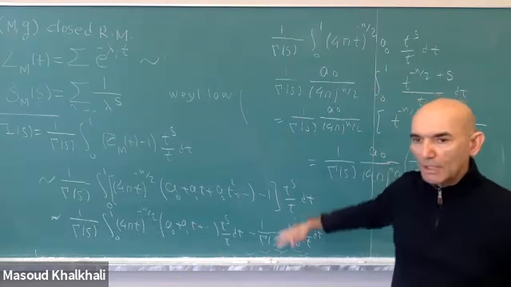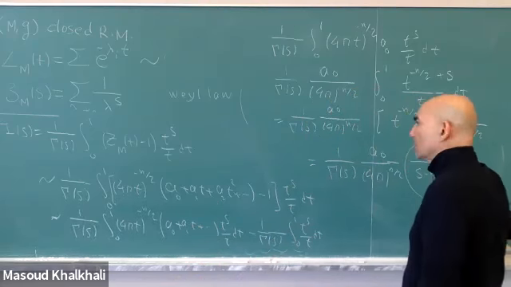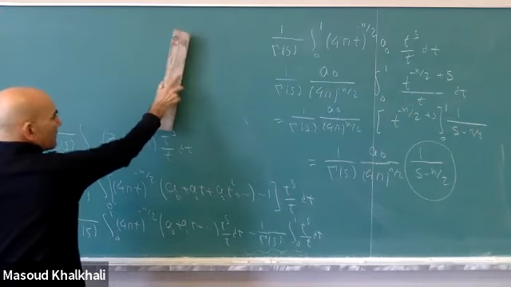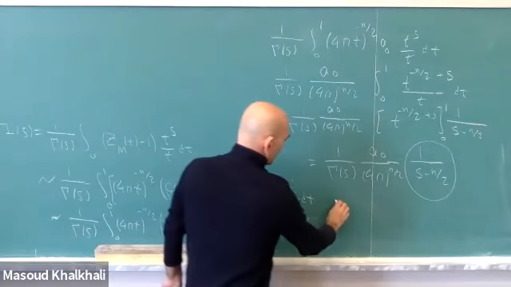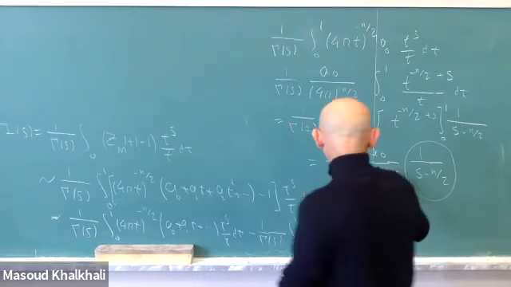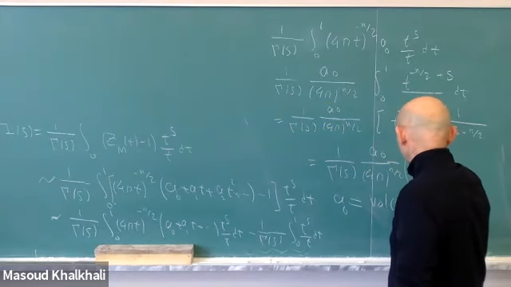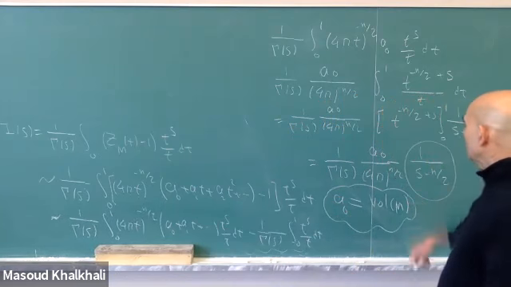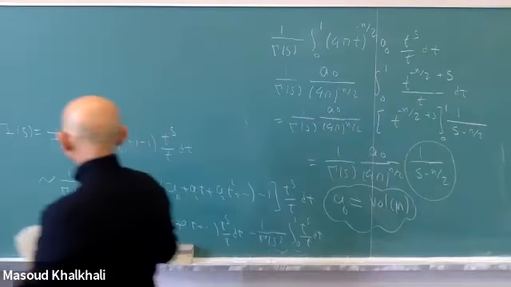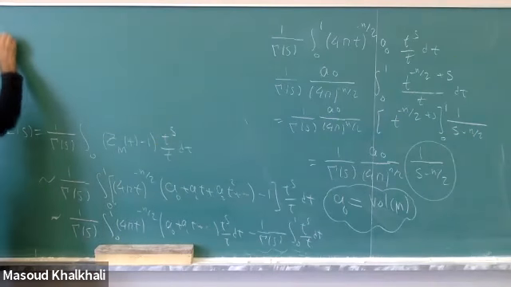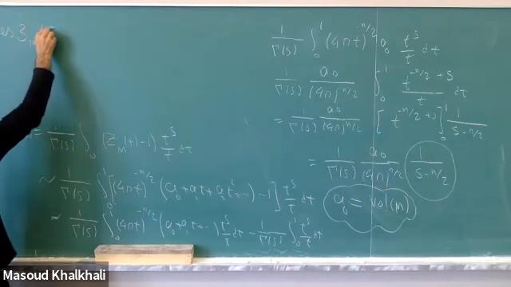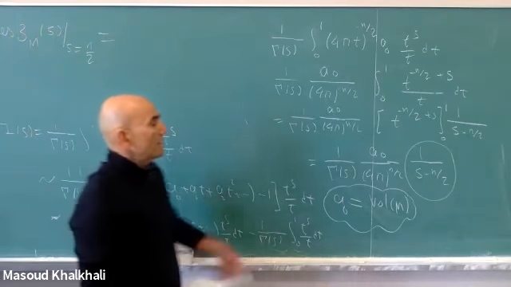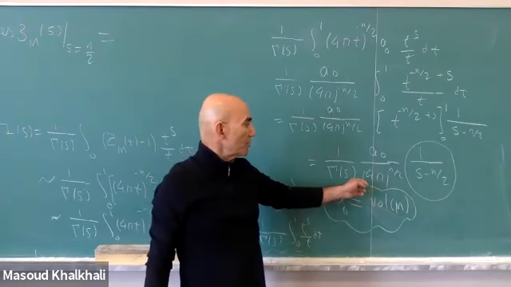From this sort of calculation, immediately you notice the following thing. Let me erase here. Remember, as I said, a0 was the volume of the manifold, right? Now if you look at the residue of this zeta function at s equal to n over 2, the only term that contributes to the residue is this term.